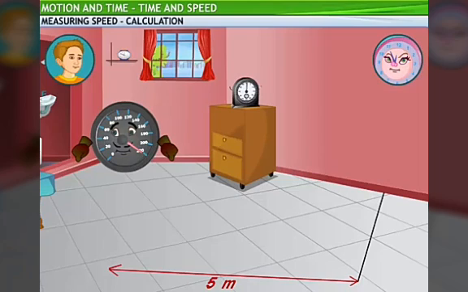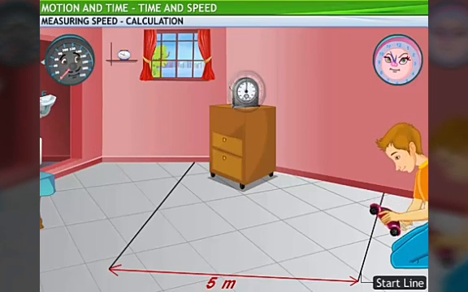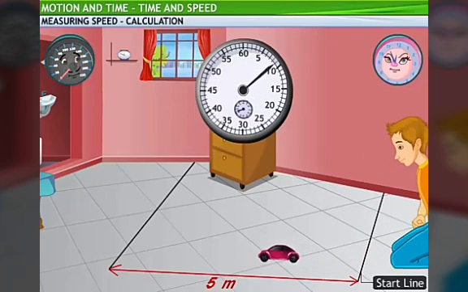The second line is the finish line. Okay, done. Now, wind the toy completely and put it down, a little behind the start line. Make sure you start the stopwatch as soon as the toy touches the start line. We'll stop the timer when the toy touches the finish line.